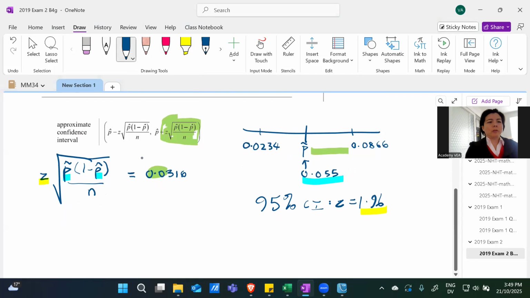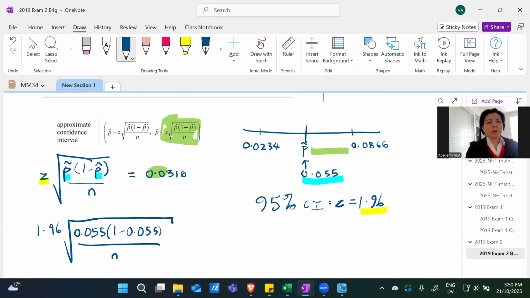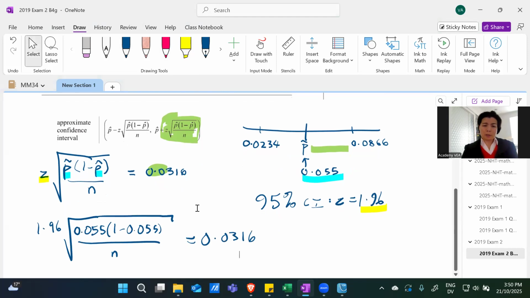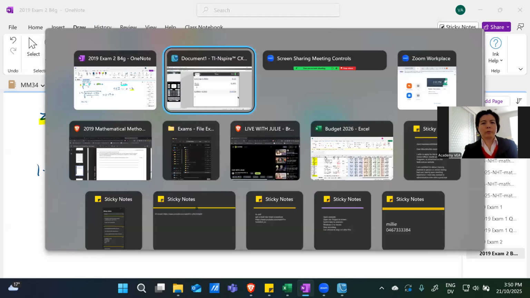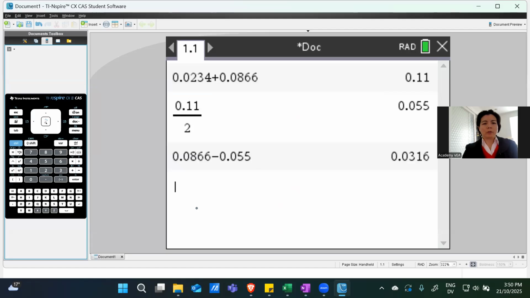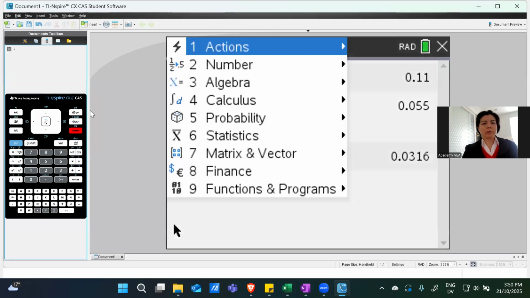So when you plug them all in, you get 1.96 times the square root of 0.055 times 1 minus 0.055 over n, equaling 0.0316. And then you can just solve that for n with your calculator. So we go menu, algebra, solve.